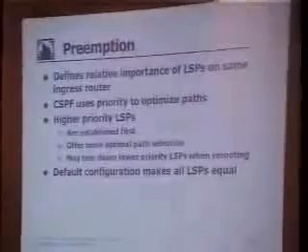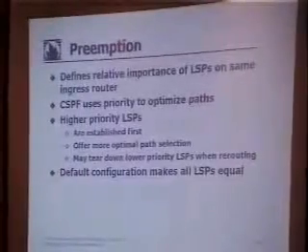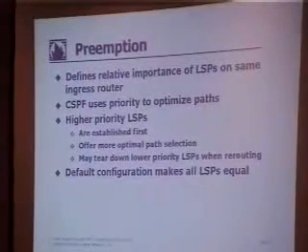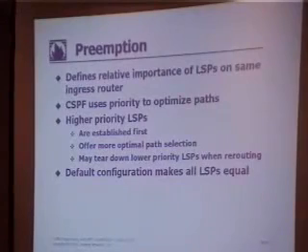Preemption. So there's really two variables to track with preemption. There's what they call a setup and a hold. So the setup priority is tracking how much authority I have in setting up my LSP to preempt others, and the hold is how much stickiness an existing LSP has.